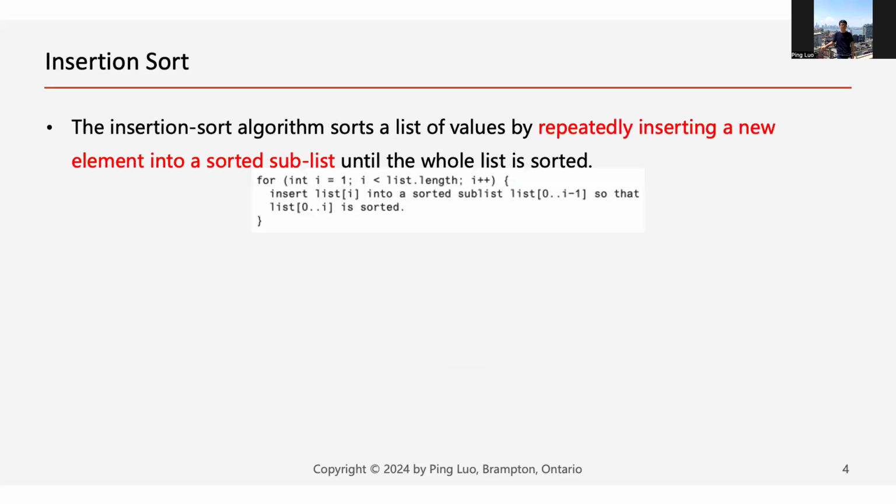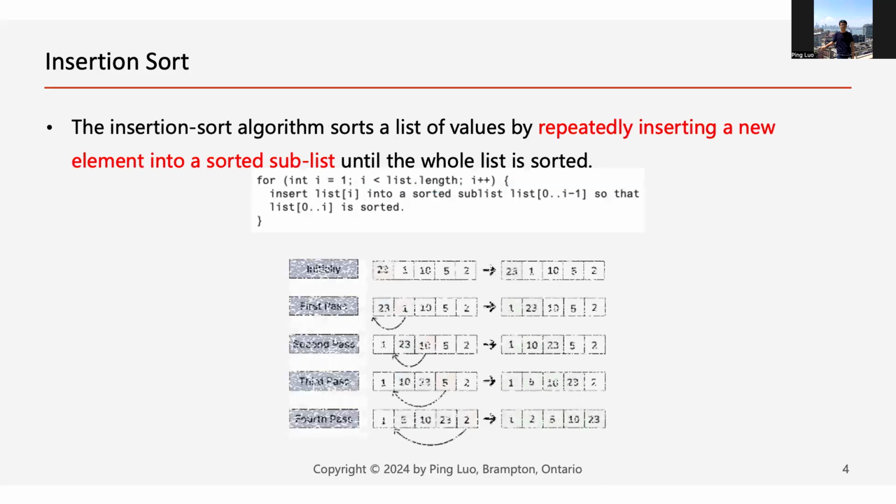Another algorithm is also very simple, similar to selection sort, and it's called insertion sort. It's like repeatedly inserting a new element into a sorted sublist. What does that mean? Let's see an example. We check from the beginning.